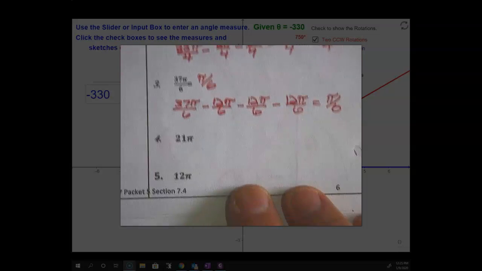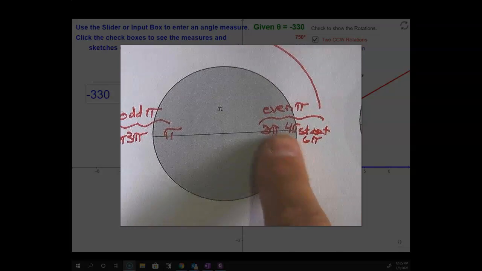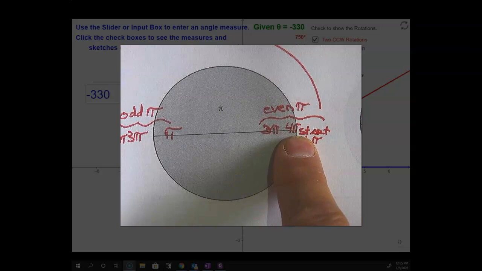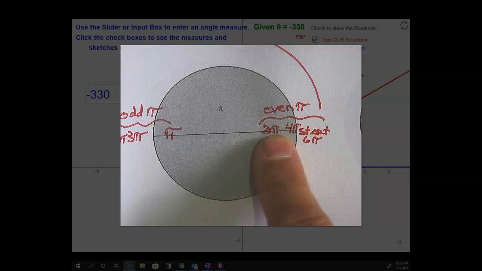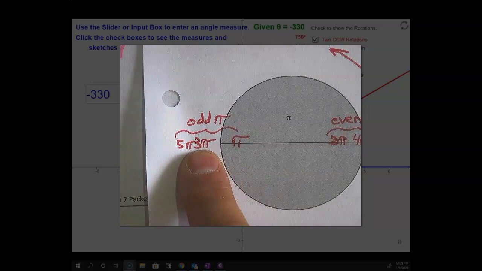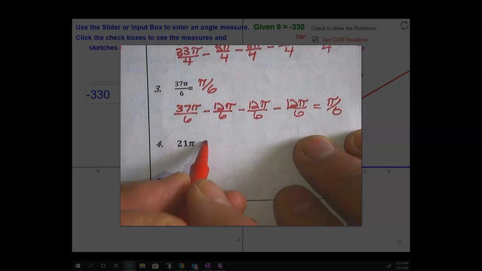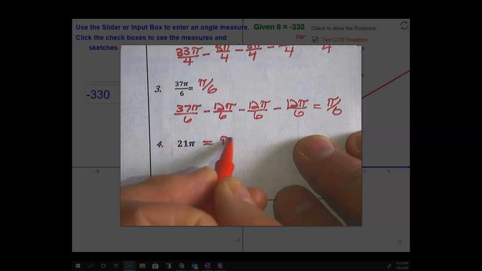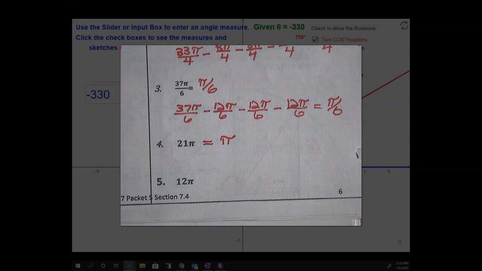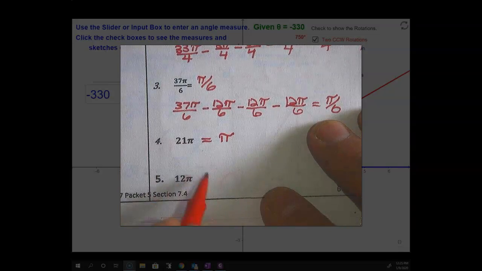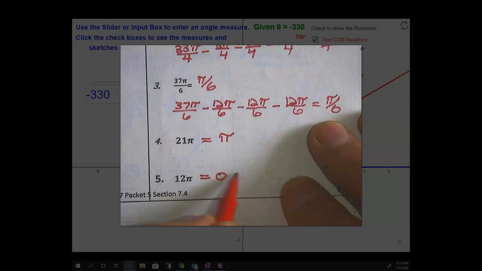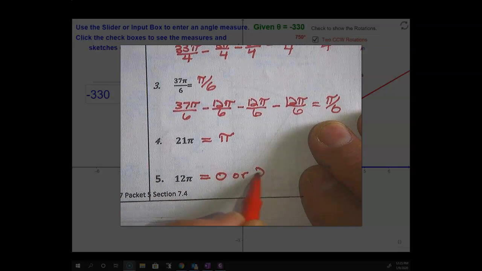All right, these next two are really easy. If it's an even pi, it's equal to 0 or 2 pi. If it's an odd pi, it's equal to pi. So this is automatically pi. And this is automatically either, doesn't matter, they're the same.